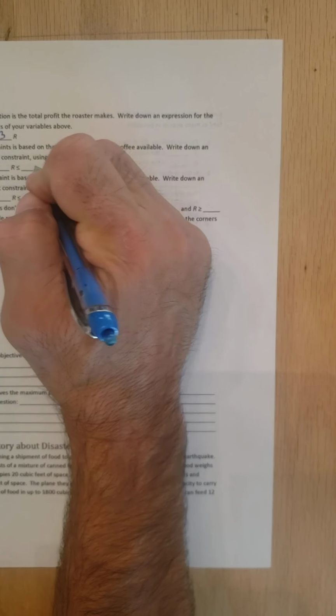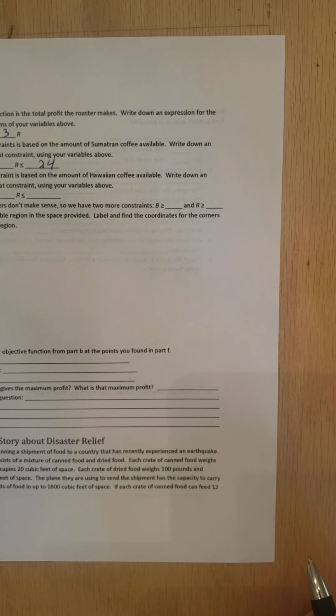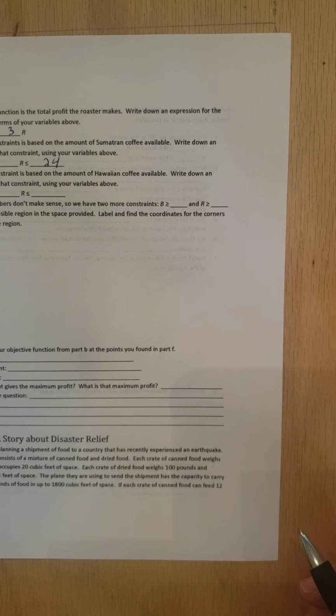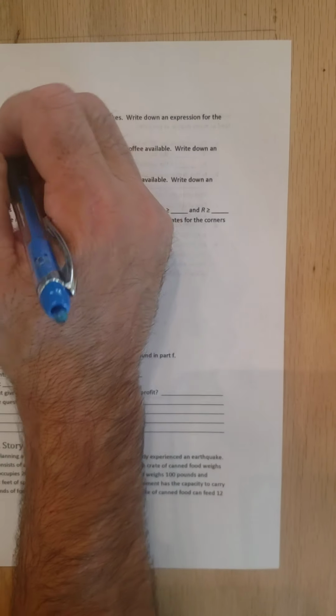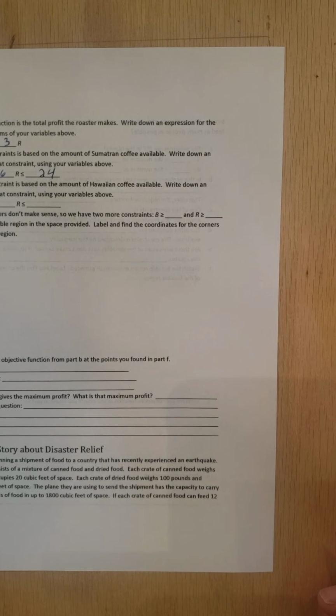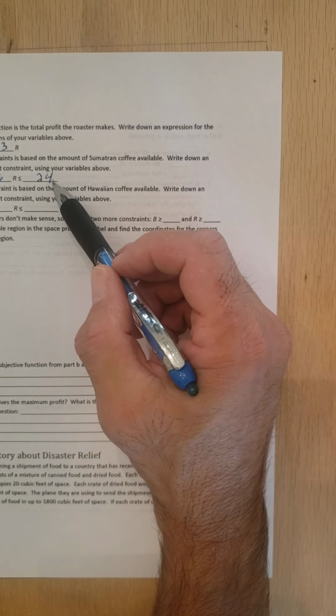Okay, that was the first one. We said we only have 24 pounds of that. Okay, so in each 1 pound bag, in the basic, I'm using 0.25. And in the other one, in the premium, I'm using 0.6 of the Sumatran. So this is all the Sumatran.